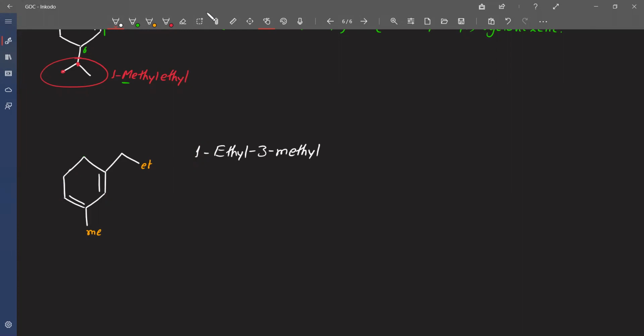I guess here you don't have any problem, right? So you started from this. This was given position 1. Why? Because this is ethyl and methyl, E comes first. Position 2, obviously 3, because if you come from the other side, this will be having larger position. Okay, done. So 1 ethyl, 3 methyl, those are the substituents.